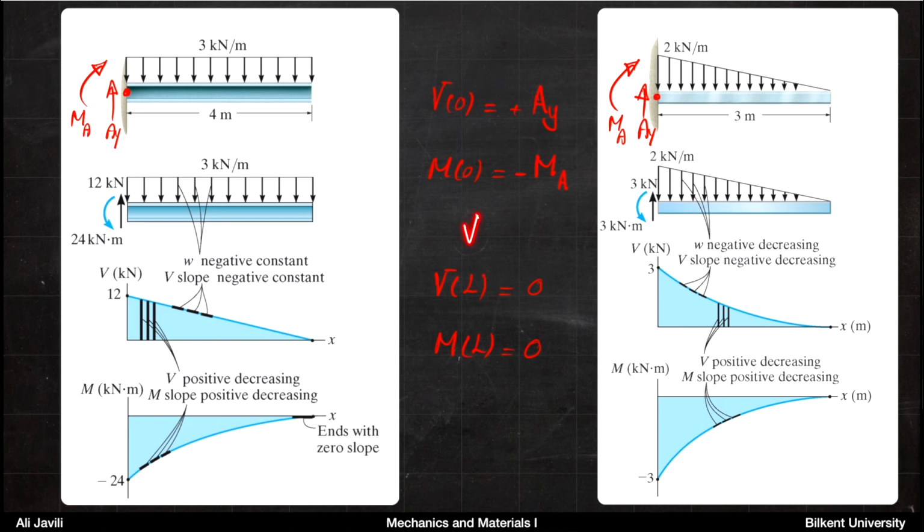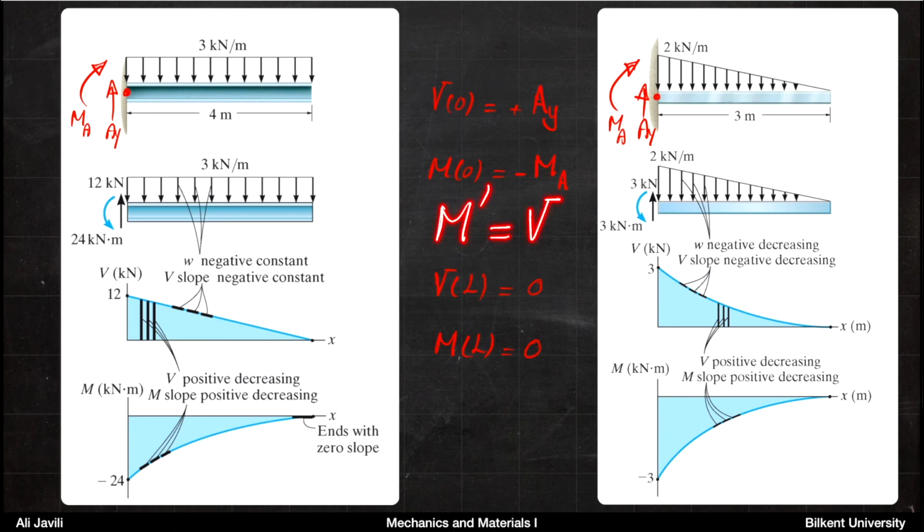So at any point V prime is W, so we know the slope at any point is negative, so it should always be, let's say, decreasing.